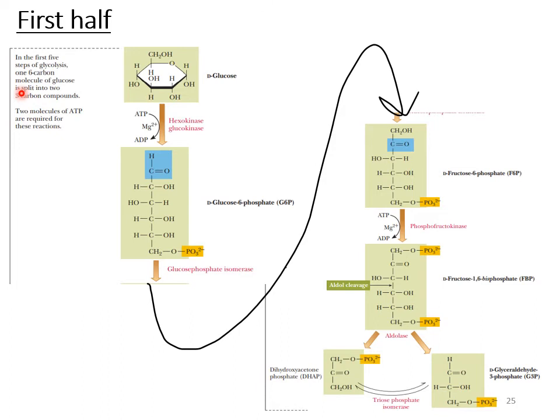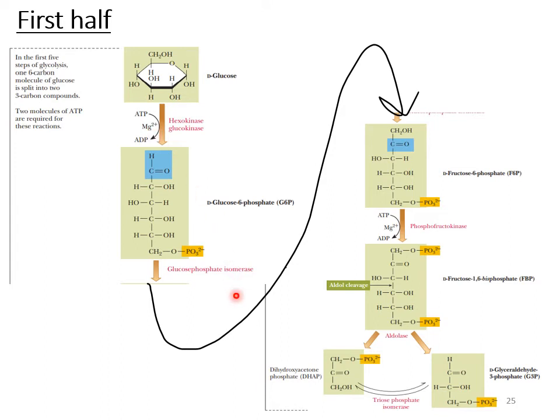It's kind of like a prep phase of glycolysis. And again, you'll note that the first enzyme is hexokinase, to convert glucose into glucose 6-phosphate. That's an important one to remember, because that will be a regulator and will be inhibited in later slides that we talk about.